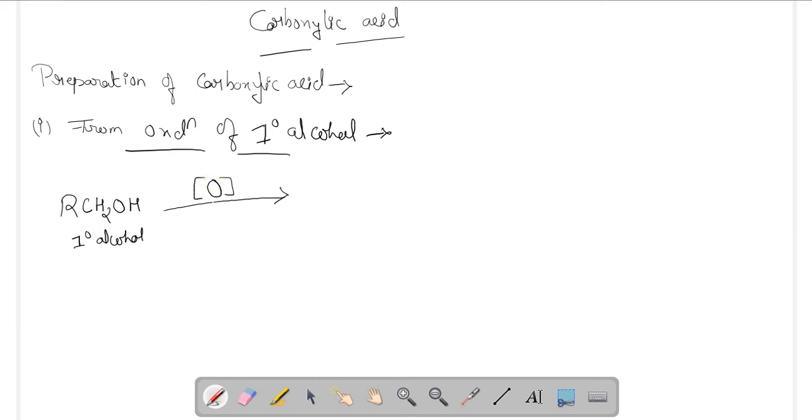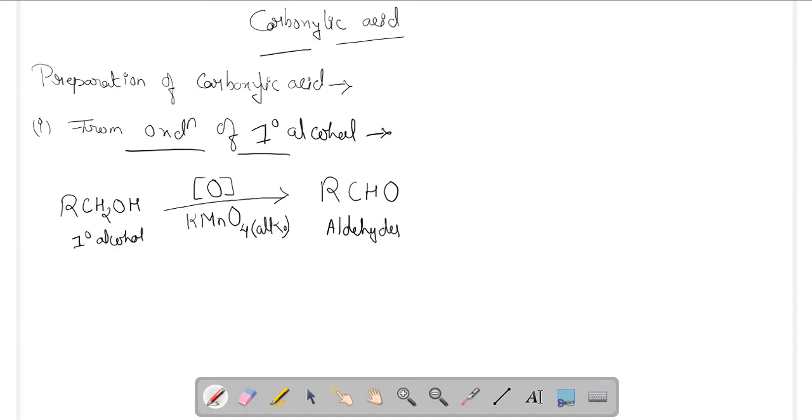For oxidation, oxidizing agents such as a mild oxidizing agent or a strong oxidizing agent such as alkaline KMnO4 can be used, which will convert the alcohols to aldehydes.